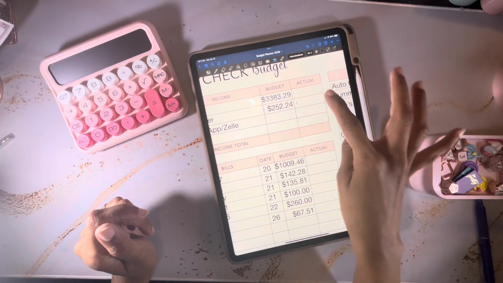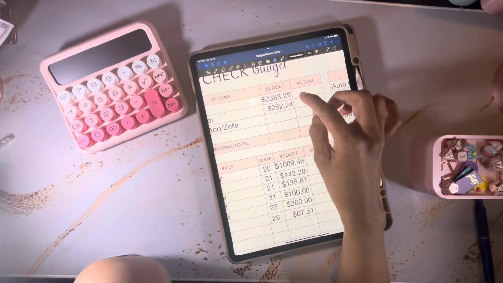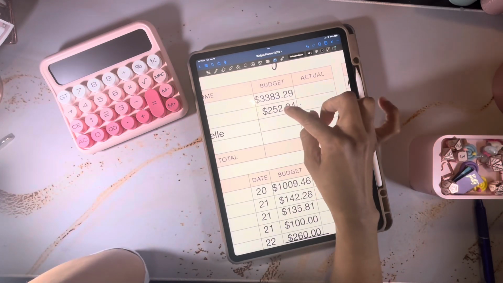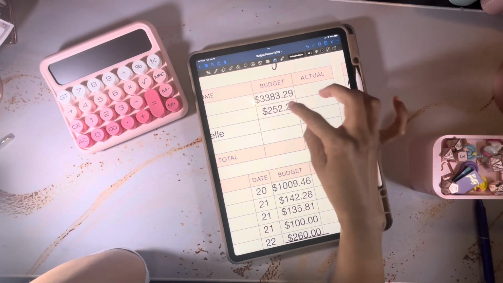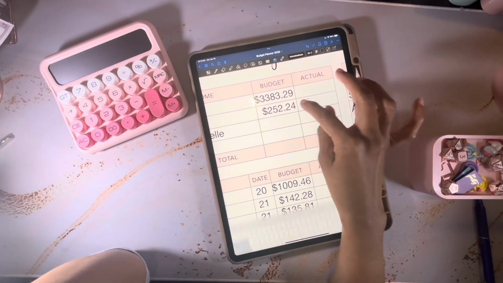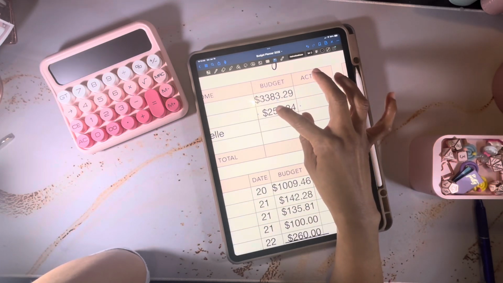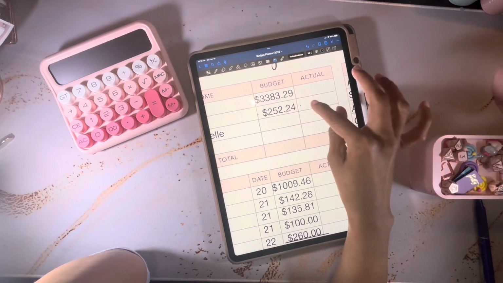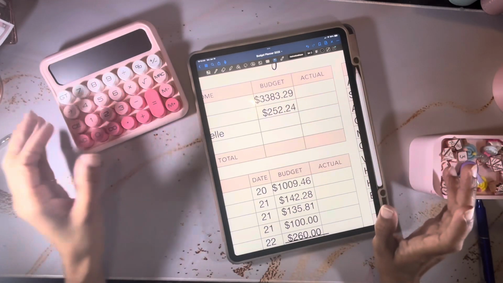I actually really think that 200 of this was supposed to go to debt, because I had extra money left over and I never transferred it over to my account. But we'll worry about that later.